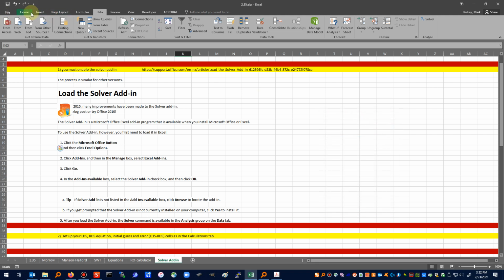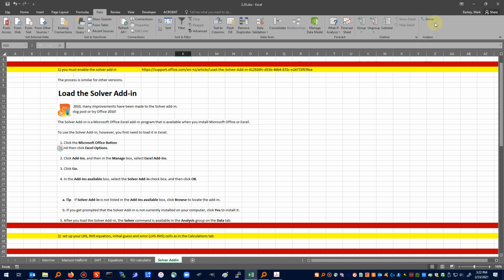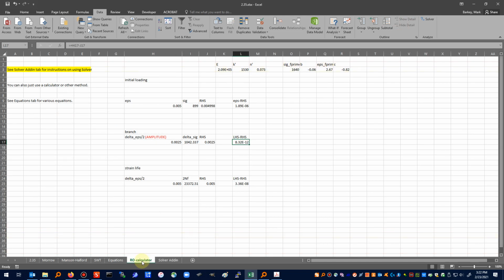When you do that, say you're on the Home tab, and you get over to Data, then this solver button will suddenly appear. So here's my Ramberg-Osgood equation. Here's the one for the initial loading, and here's the branch equation.